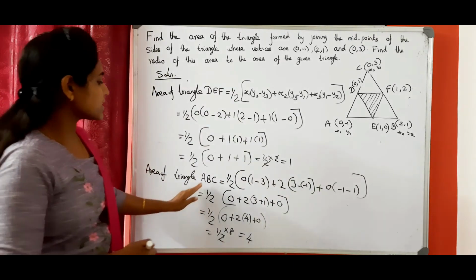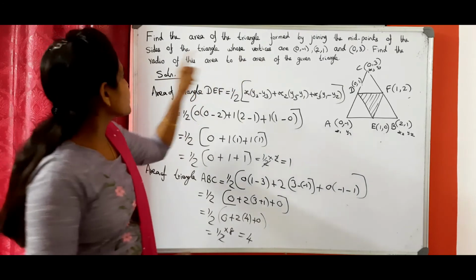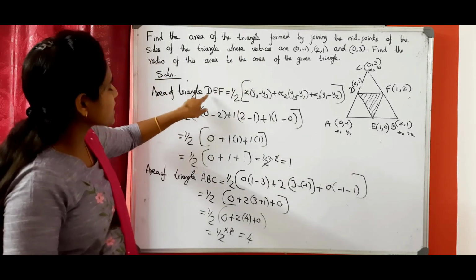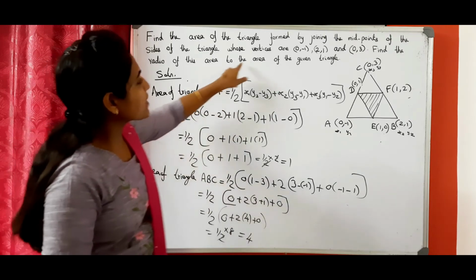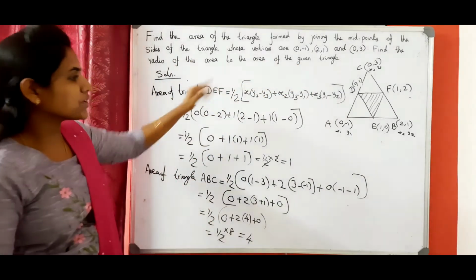See, now the area of triangle DEF equal to 1 and the area of triangle ABC equal to 4. What are they asking? Find the ratio of these areas, meaning the area of triangle DEF and the area of the given triangle, ABC. How can we find the ratio?